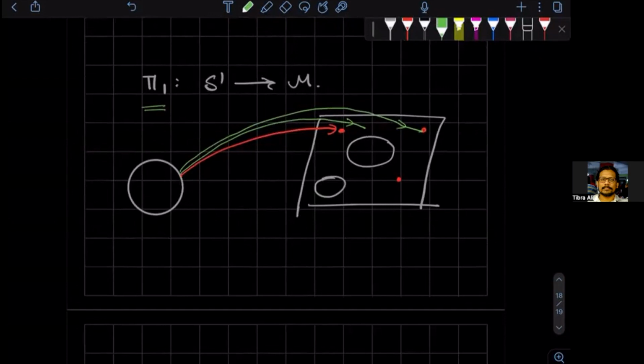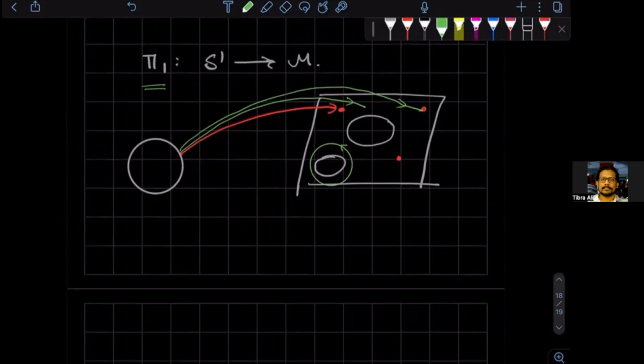But there's another map, say, which takes the circle to a circle around this hole, and it goes in that way. There is no continuous deformation of that map to this map, right? However, this map is continuously deformable to this map.